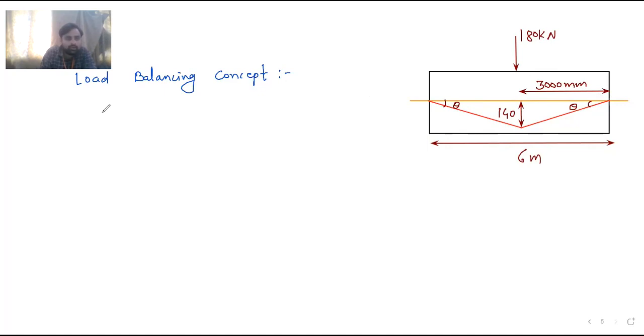So sin theta is opposite side upon adjacent side, 140 divided by 3000. Cancelling zeros and dividing by 2, 7 sevens are 14, and here it is 150. So sin theta is 7 by 150. Don't calculate the value of theta; the theta value is not required for us. We require the value of sin theta only.